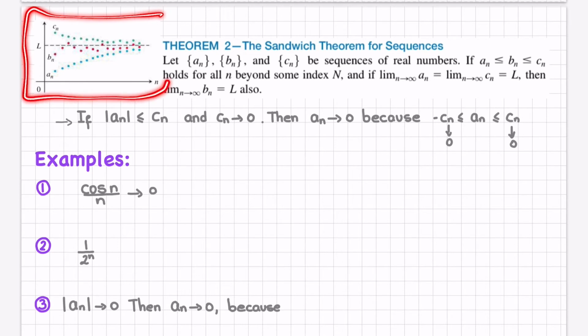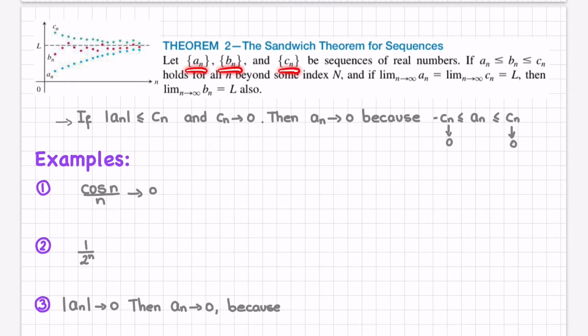Here's kind of a picture for sequences of the same situation. So you need 3 sequences of real numbers, 1 sequence in between the other 2 for all n's. Before it was for all x's, here it is for all n's.